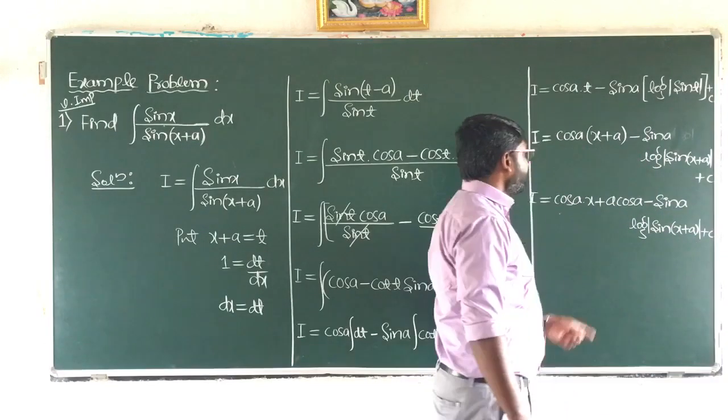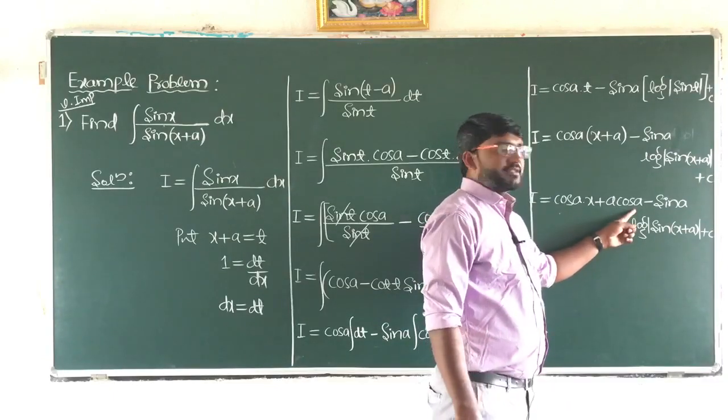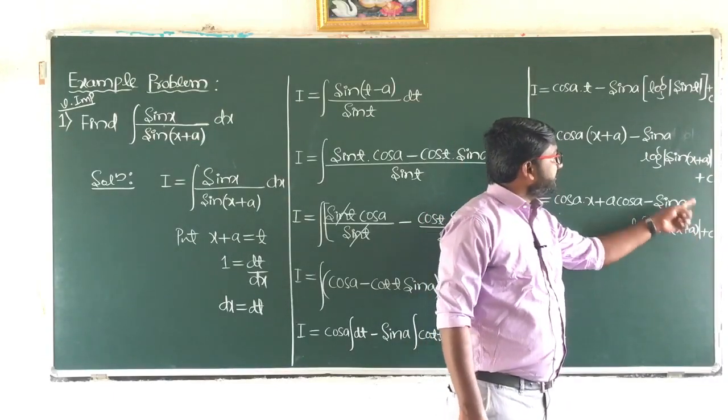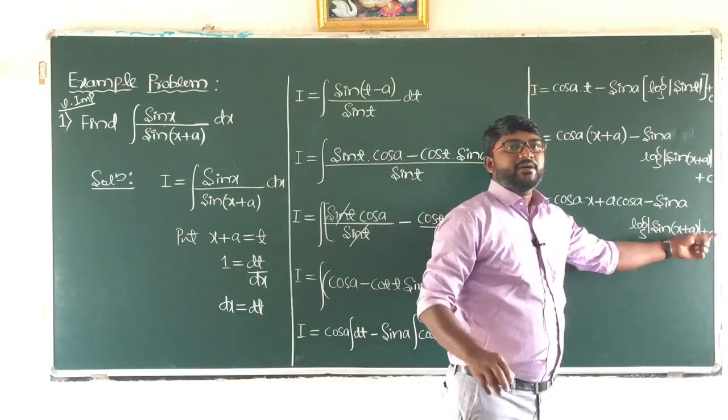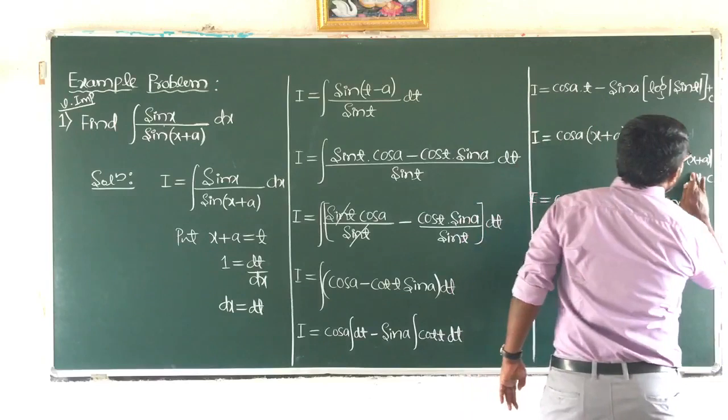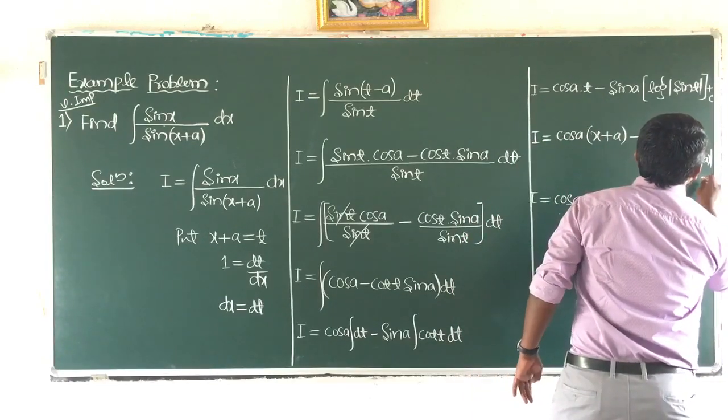Now a cos a is a constant as well as c is a constant. So we can replace these two constants by some other constant. So for that I take this as minus c.